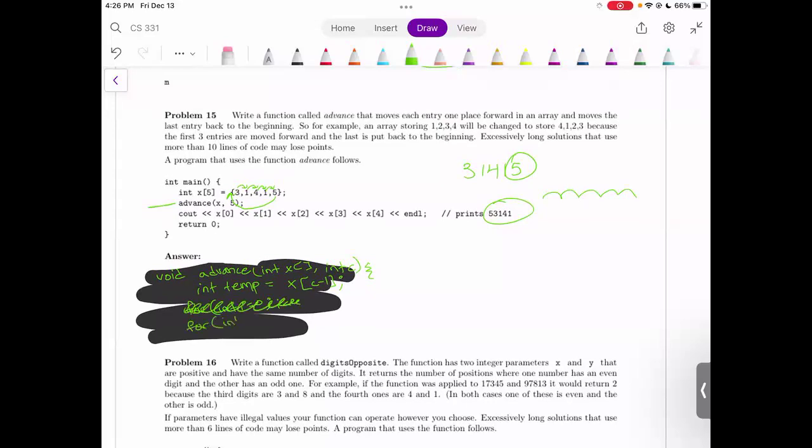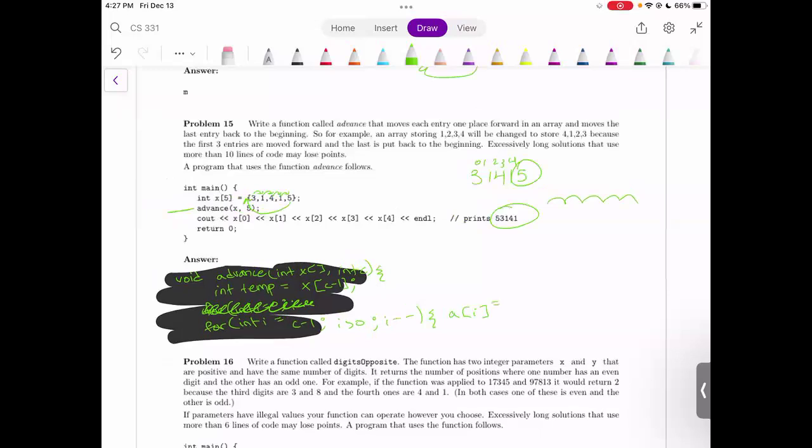For int i equals c minus 1, i is greater than 0, i minus minus. And essentially what we do here is we say a sub i, where i is either 4 or 3 or 2 or 1 or 0, wherever it may be, is now going to equal a sub i minus 1.